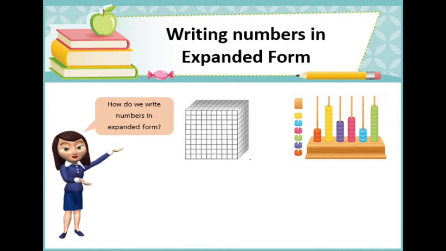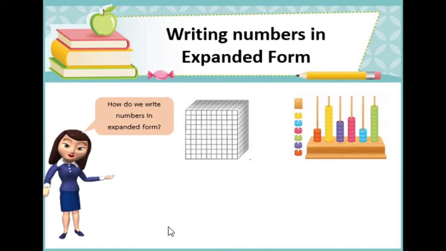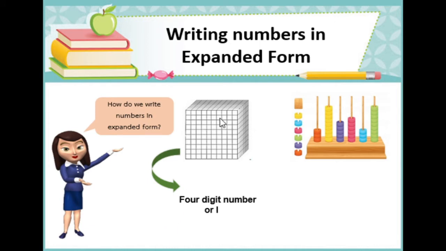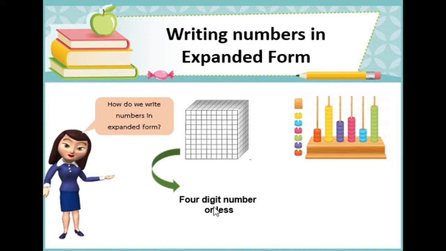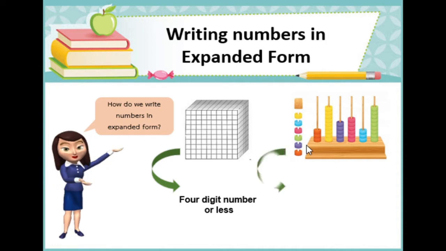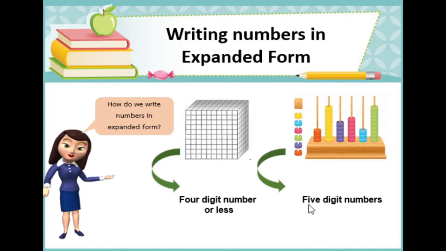We used the figure and the abacus in order to write the numbers in expanded form. We use this whole cube for 4-digit numbers or less, and we use this abacus for 5-digit numbers or more.